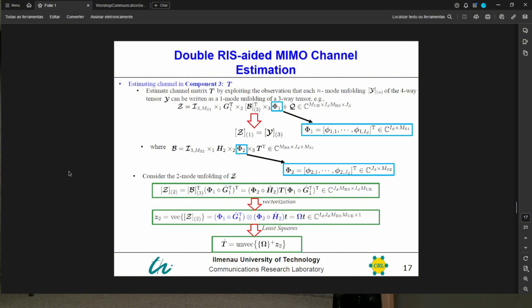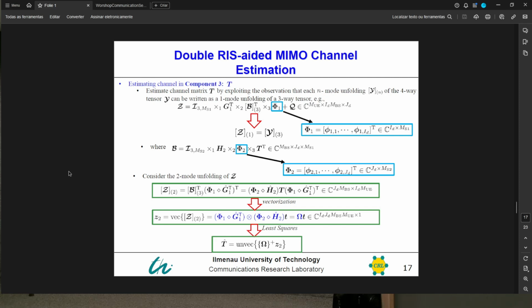We use this information to go further and estimate the channel matrix T, because we have already estimated H2, G2, and G1, and we know theta can be phi 2 and phi 1. So what we have is the vectorization of this second-mode unfolding, where this vector is the vec of this.